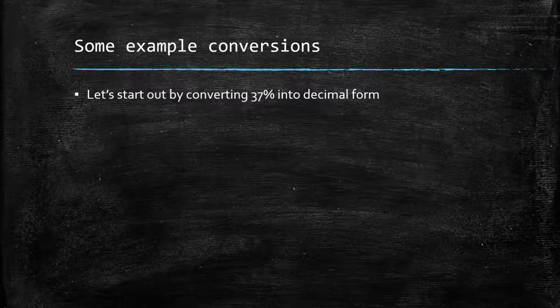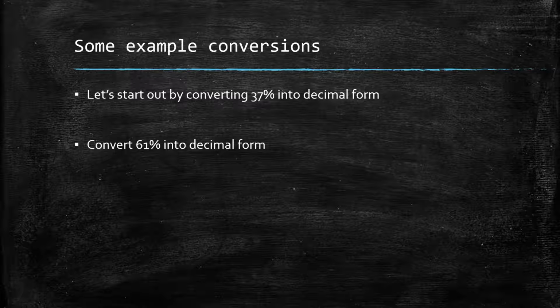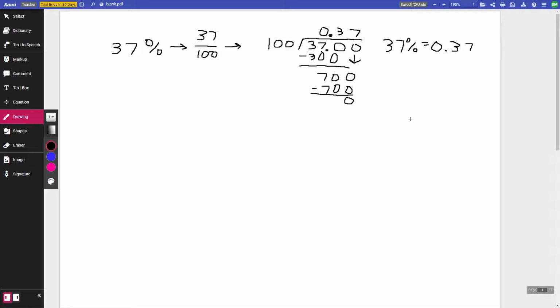Okay, let's look at another one here. Let's try converting 61% into decimal form. So we're going to start this out the exact same way. We're going to have 61%, and I'm going to go ahead and write that as a fraction. So 61 over 100.